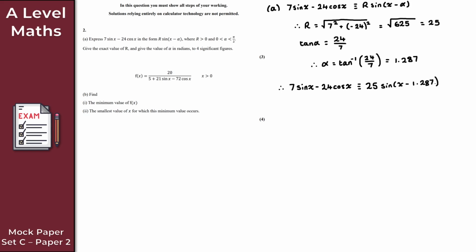And there we have it. So hopefully quite a straightforward application of the harmonic identities for part A.